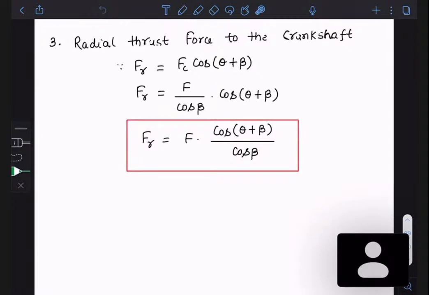So can anyone tell me the expression of this? Can anyone tell me the expression of this, my dear? Can anyone share? No reply.